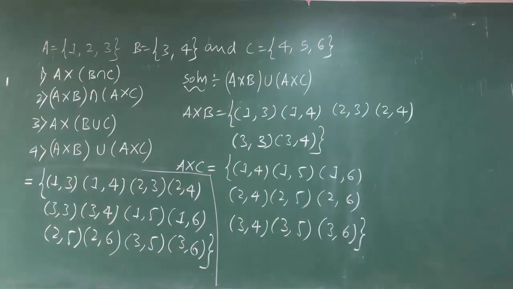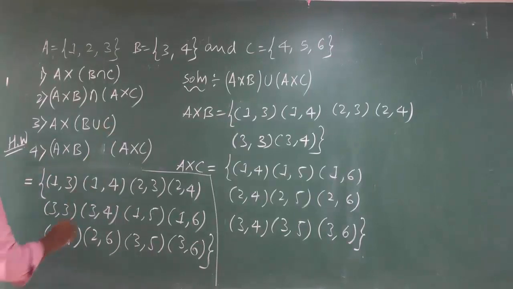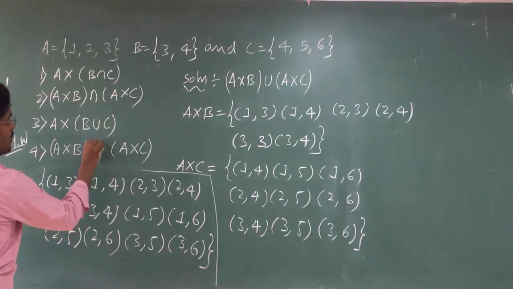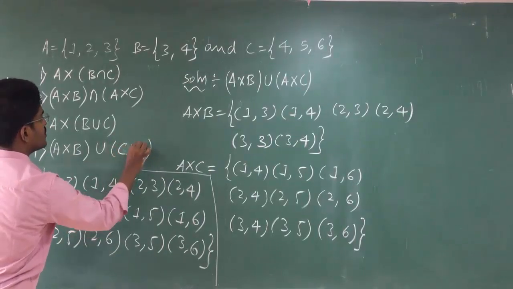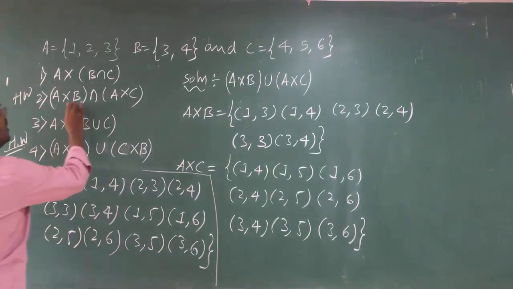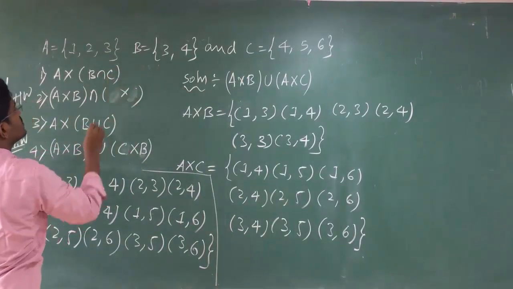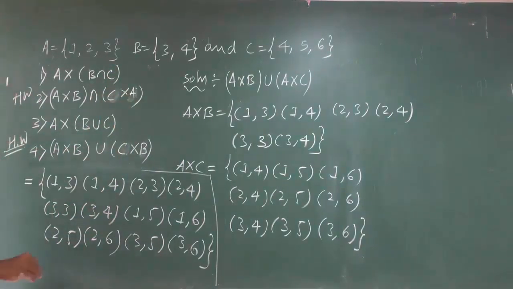Clear? So now I will give you homework: A cross B union C cross B. Here is another homework: A cross B intersection C cross A. Clear?